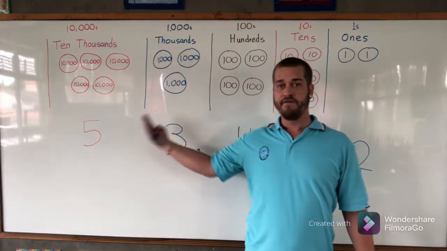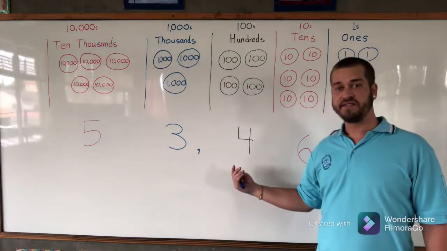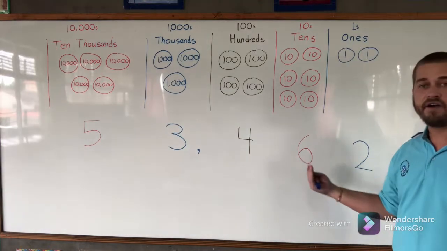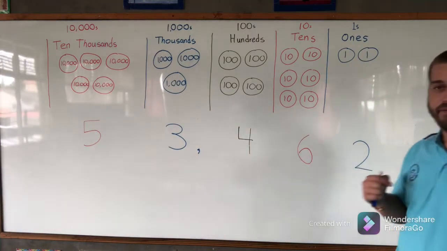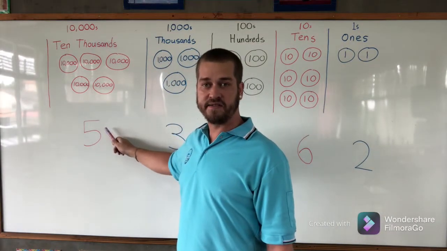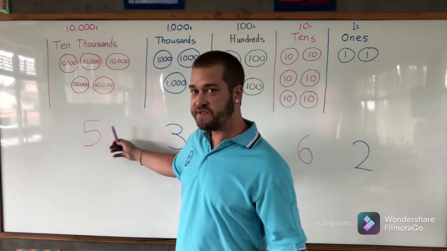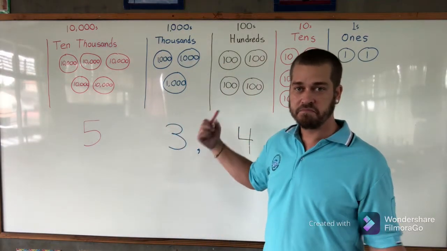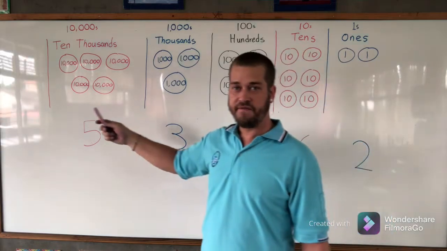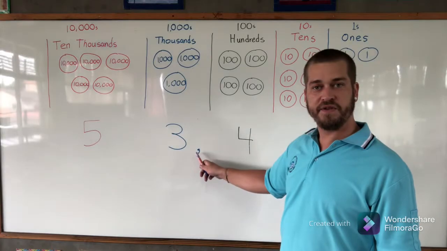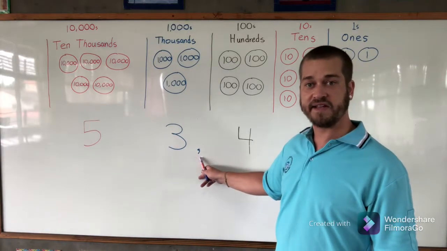So we have 53 thousands and we have 462. All right? So we have 5 10,000s. 5 times 10 is 50. We have 3 1,000s, 3,000, so 53,000. When you see this comma, you say the word and, okay?